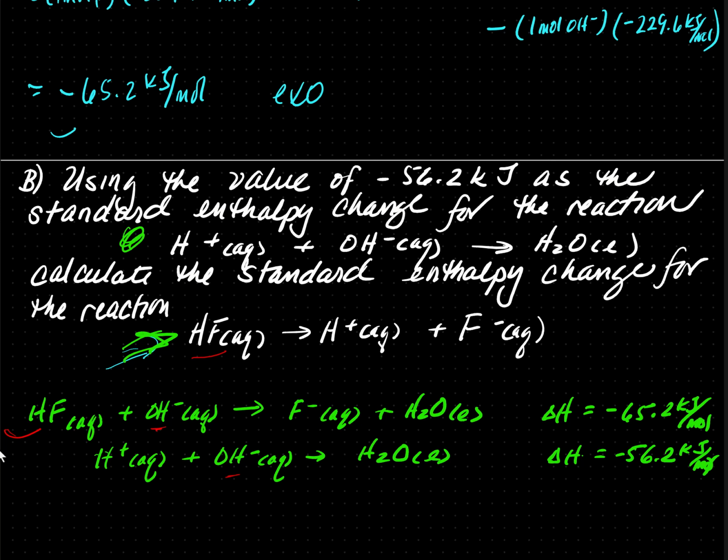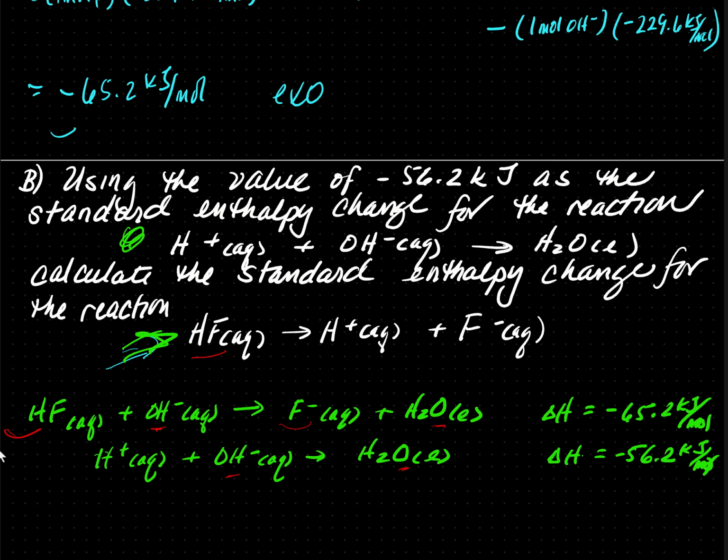You don't want to use water because it appears in both the top and the bottom step. You could also use F minus because it appears in the products. The first equation is written correctly. You want the HF on the reactant side and the F minus ion on the product side.